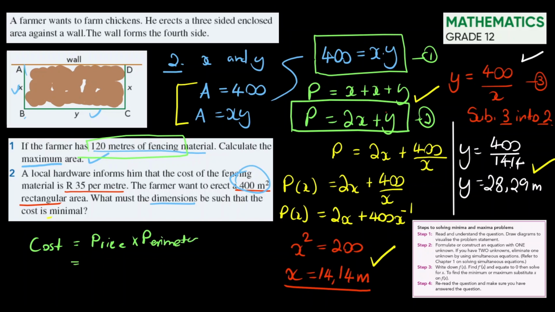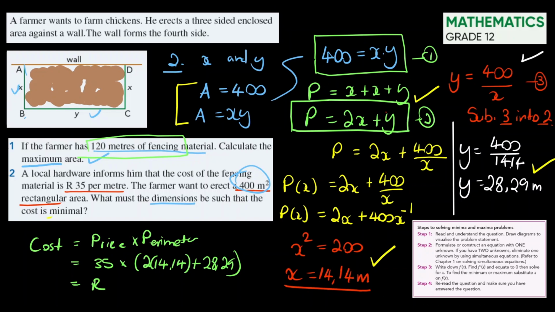In this case, the price is 35 rands, and the perimeter is 2 times x, which is 14,14, plus y, which is 28,29.